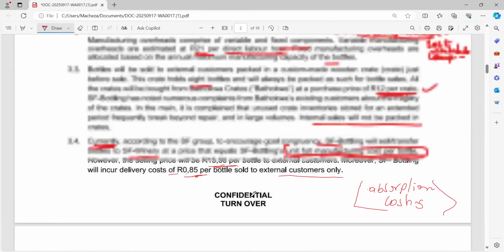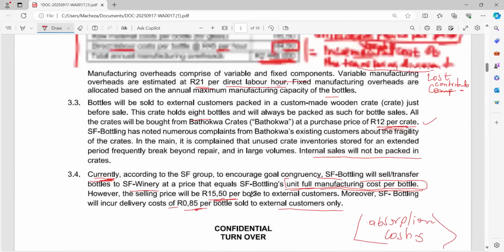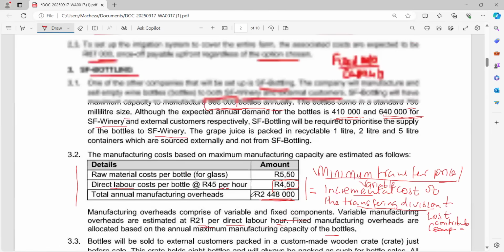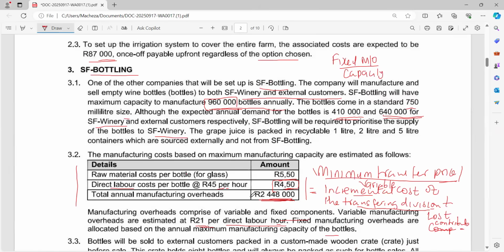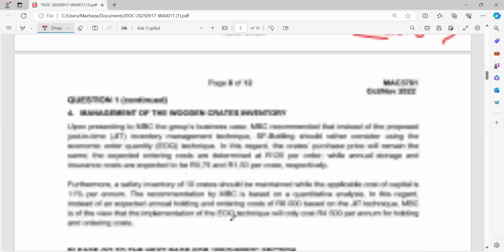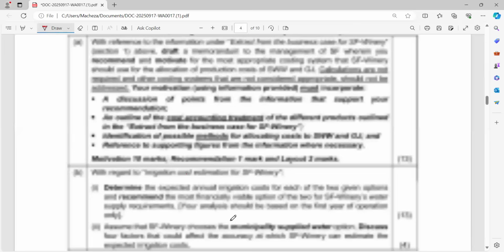So our normal capacity is 960,000 bottles. This is what we use to apply fixed manufacturing overheads. Per bottle is easier now because we have our fixed manufacturing overhead.